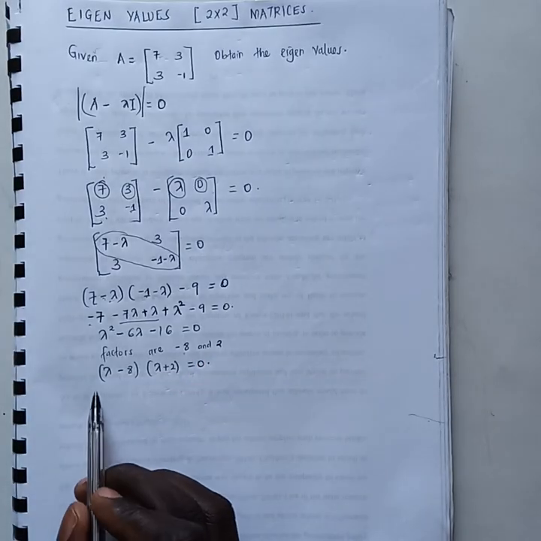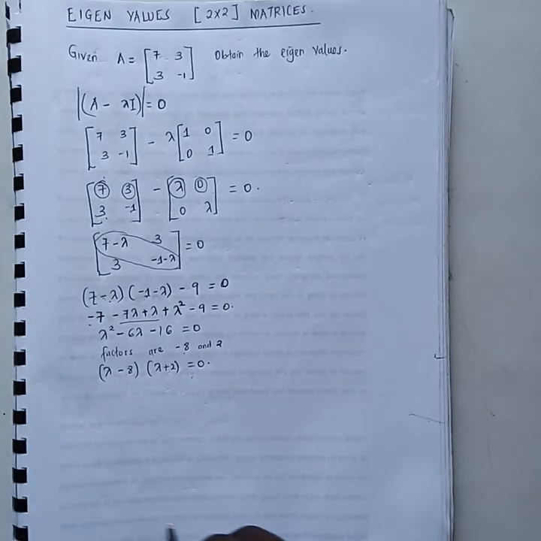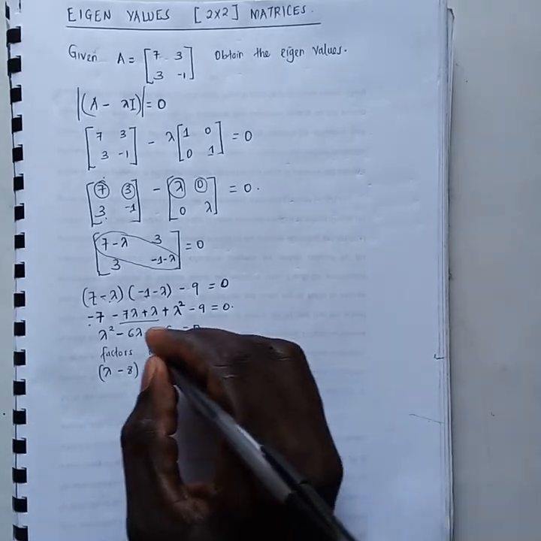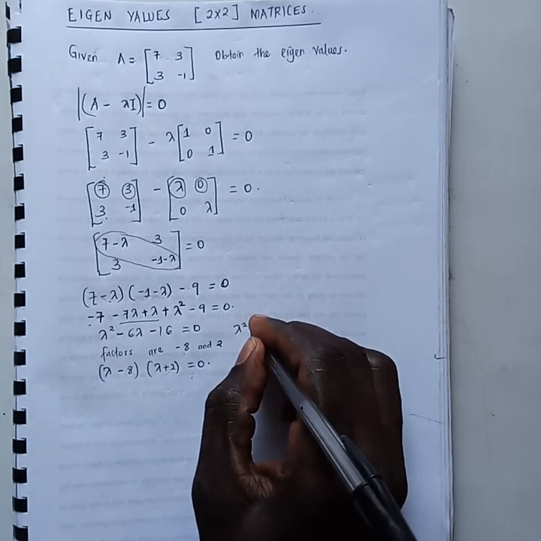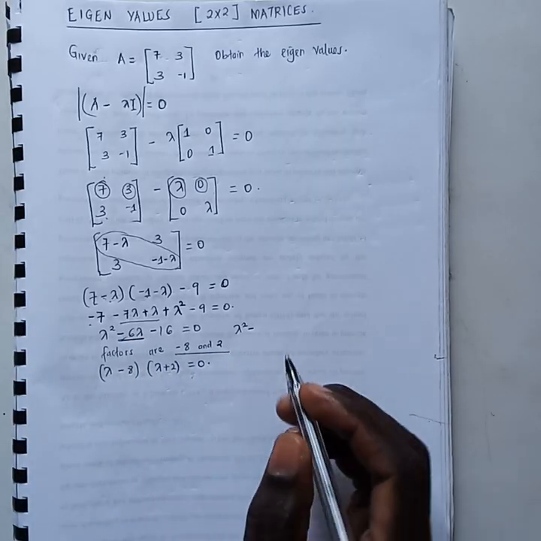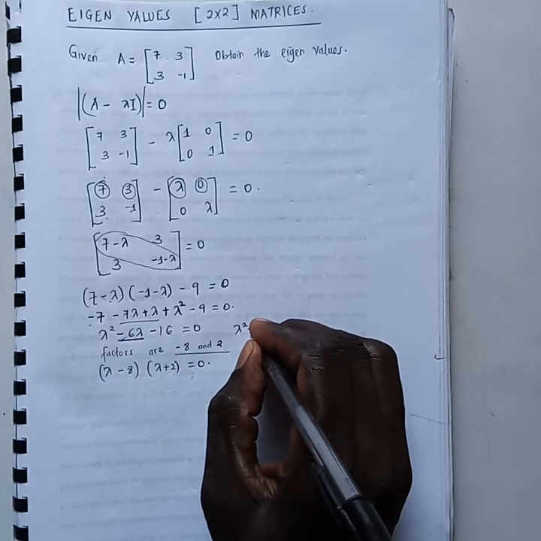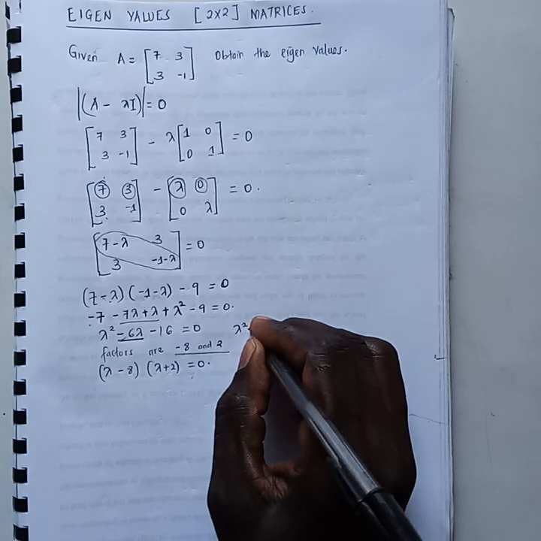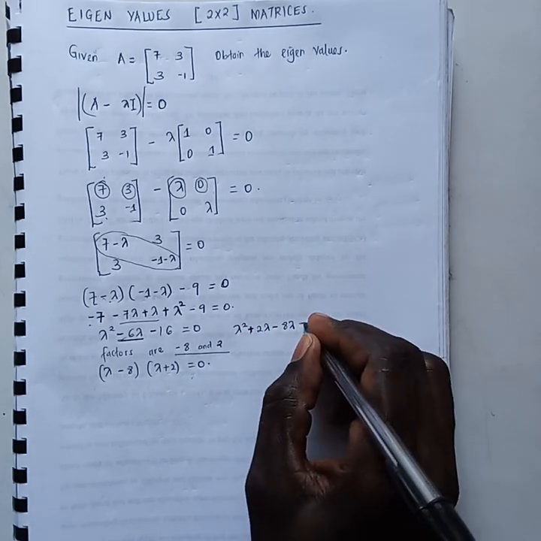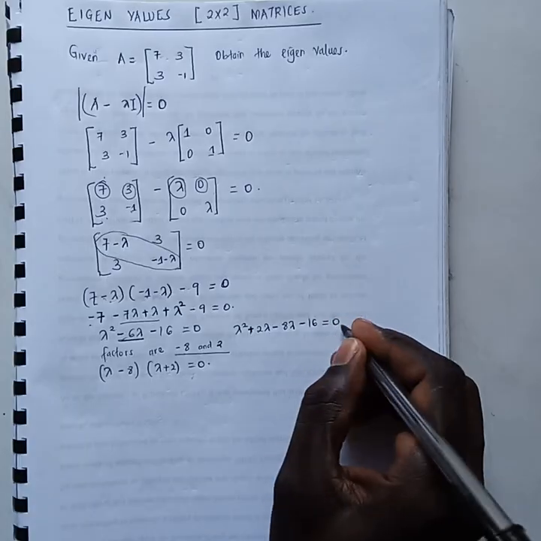I just went ahead to this point, but let me do a recap of how we got here. So we'll be having lambda squared minus, so this case we are going to replace this case with these two factors. So we'll be having lambda squared plus 2 lambda minus 8 lambda minus 16 is equals to 0.